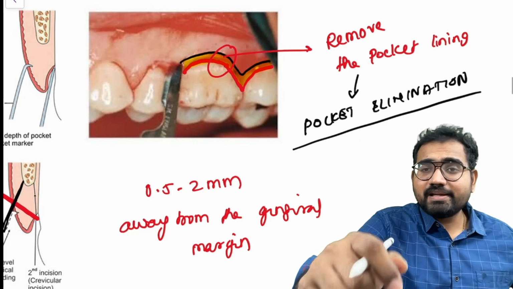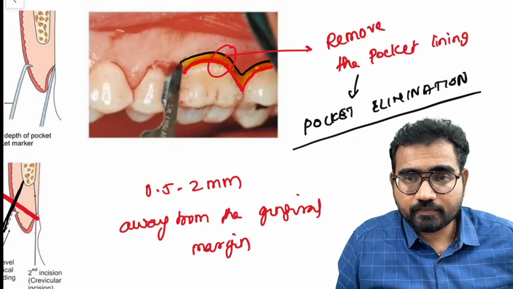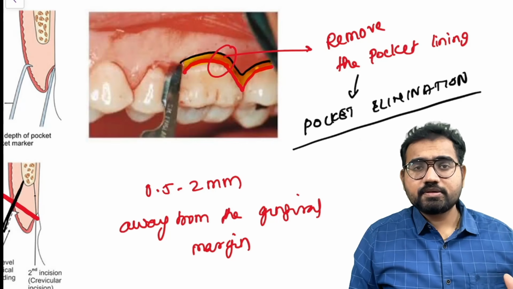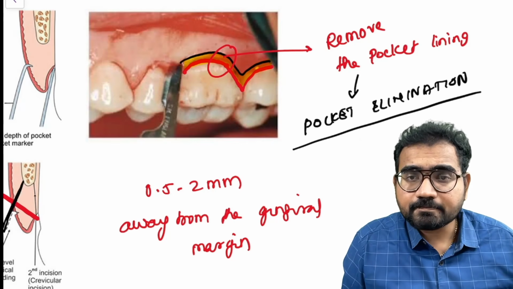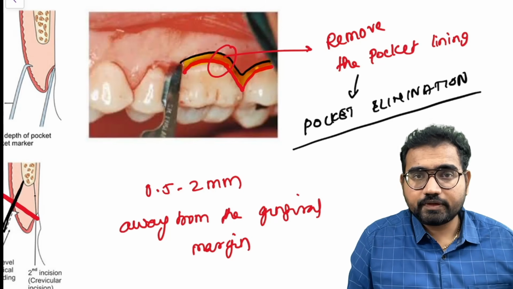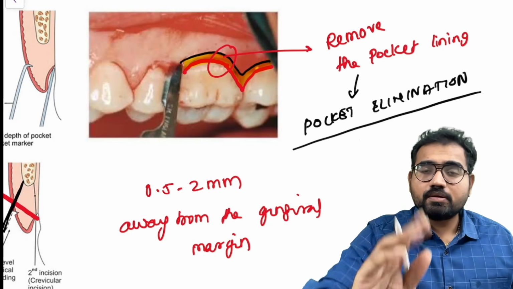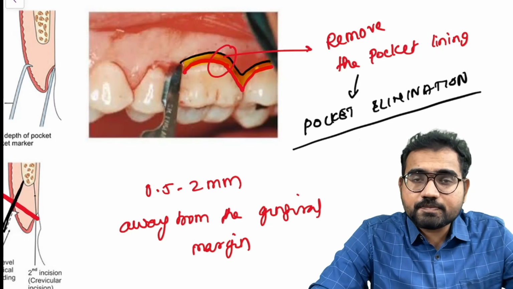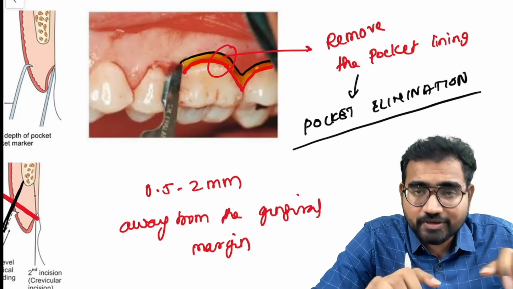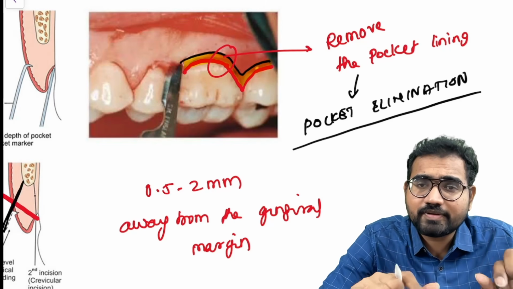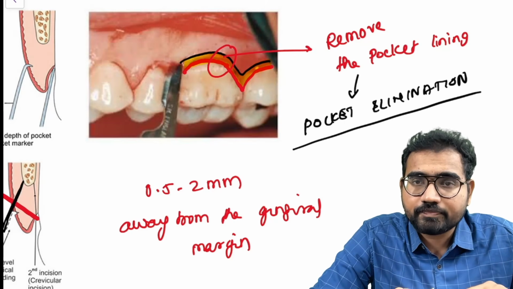I am completely removing the pocket lining. So in flap surgeries where I'm giving the internal bevel incision, that becomes a pocket elimination procedure, because I'm going to remove the small piece of tissue which contains the pocket, right?